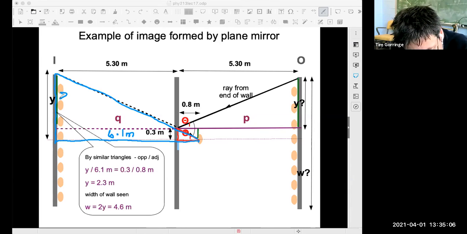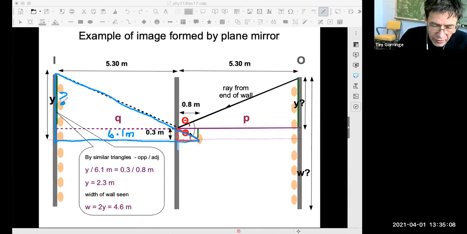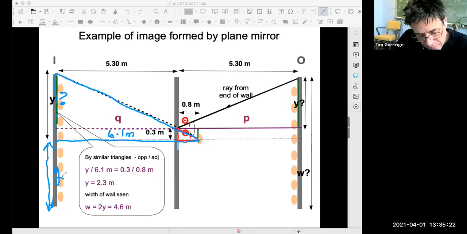But I don't know the vertical height of that triangle. I'm just going to call it Y. I actually want to know Y because 2Y is the range of the wall that I see in the mirror. So if I can figure out Y from this geometry, then I can figure out how much of the wall the organist is seeing. And that's where I use similar triangles.